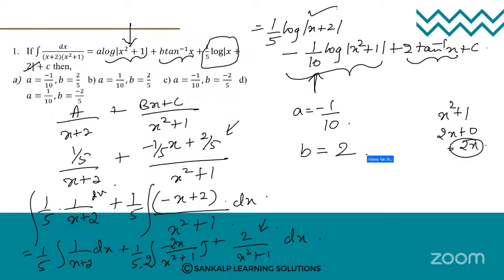So what is the value of a? Minus 1 by 10, and oh sorry, I missed that 5, right? Here that common 5 was there. So this is 2 by 5. So which option is correct? Minus 1 by 10 and 2 by 5. Option A.